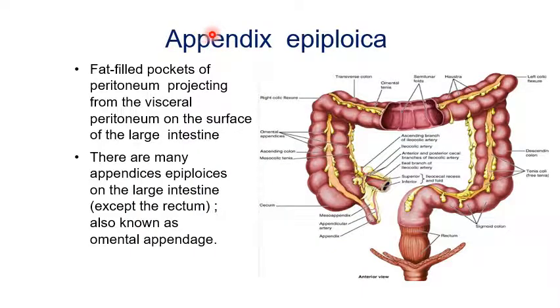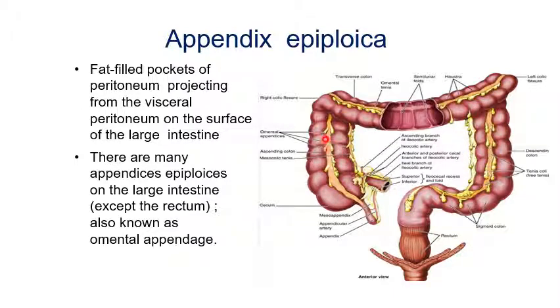Another important characteristic feature of the large intestine is appendices epiploicae. What are these? These are fat-filled pockets of peritoneum which project from the visceral peritoneum on the surface of the large intestine. See, these we can see, appendices epiploicae.